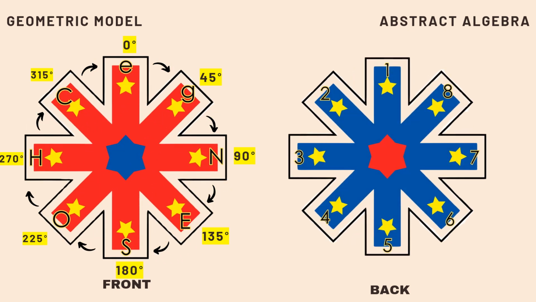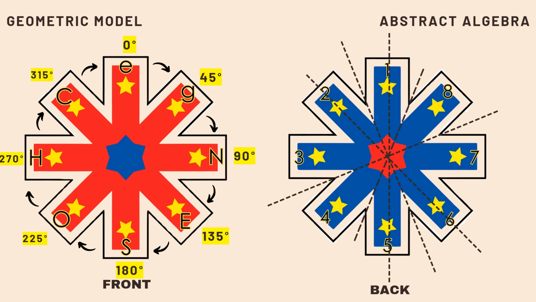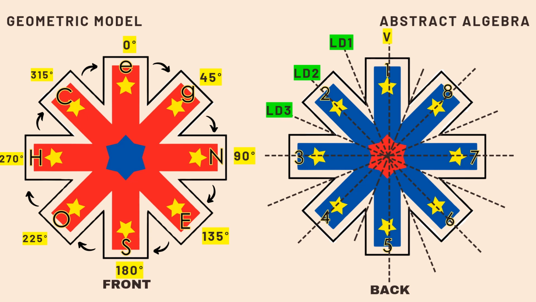Next, we have the reflections. We have 1, 2, 3, 4, 5, 6, 7, and 8. So for the first one, we have reflection about the vertical axis V. Number 2, reflection about the left diagonal 1 or LD1. Number 3, reflection about the left diagonal 2 or LD2. Number 4, reflection about the left diagonal 3 or LD3.